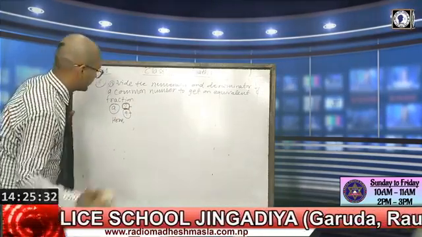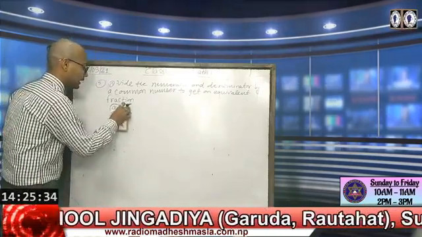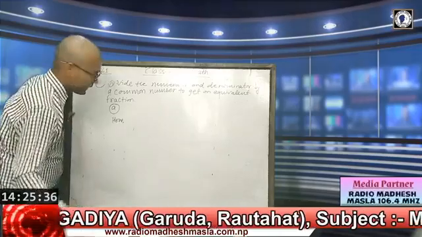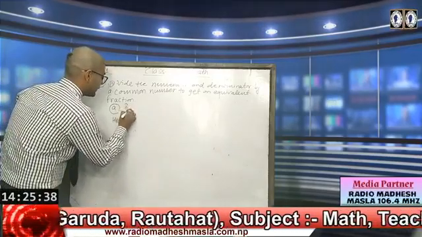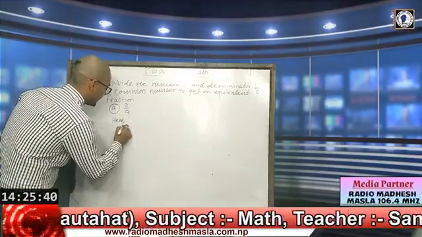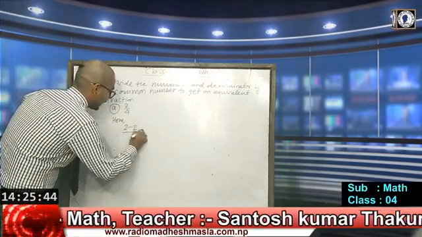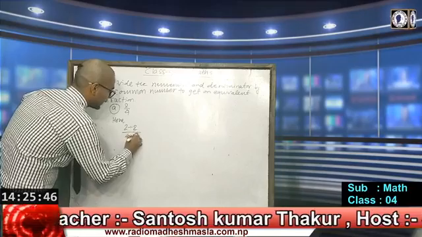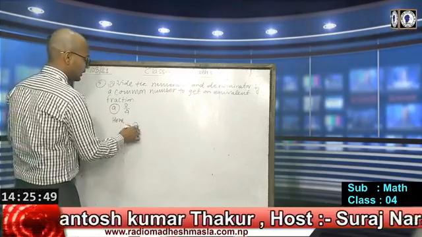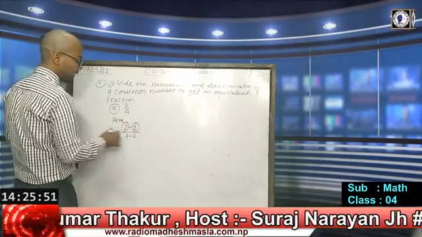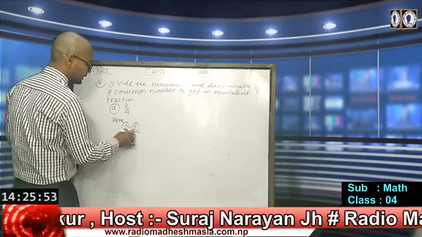So 2 is a factor of 4, and we can do like this. Suppose 2 is divided by 2 and 4 is also divided by 2. It means 2 is divisible by 2 and 4 is also divisible by 2.